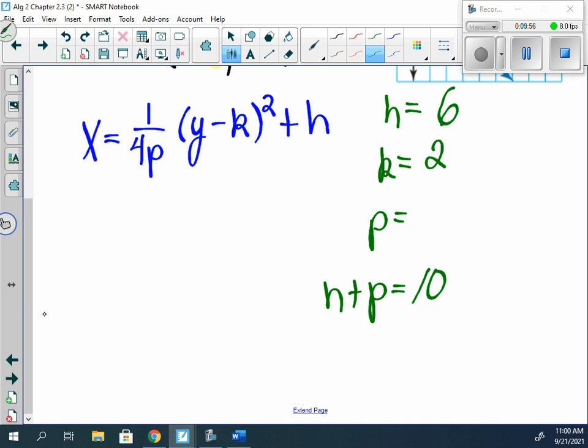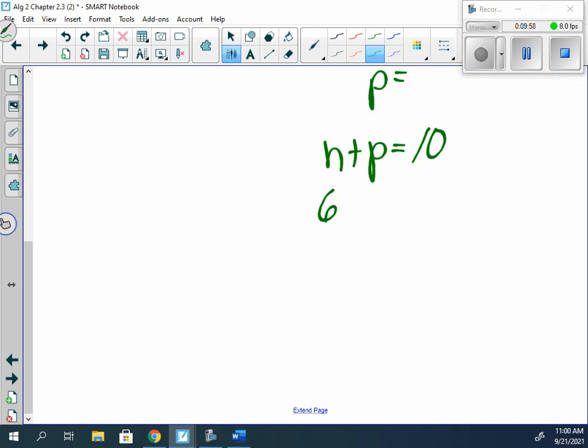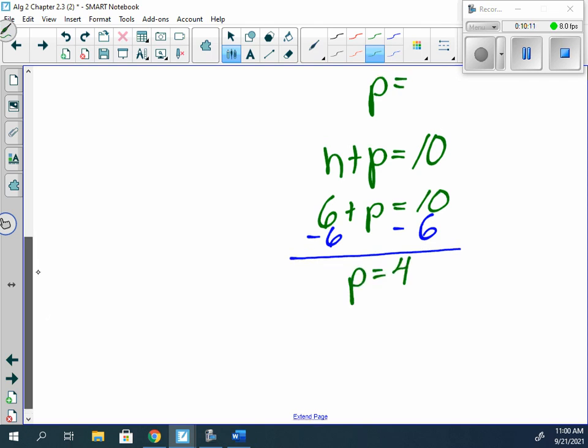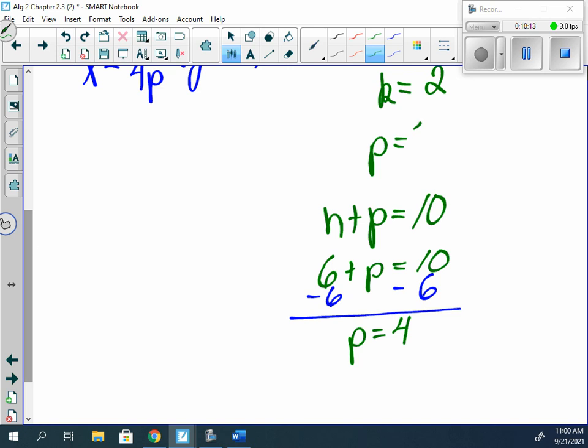Because h is 6, so 6 plus p is equal to 10. If we wanted to write it out, we could say minus 6 from both sides, and p is equal to 4.